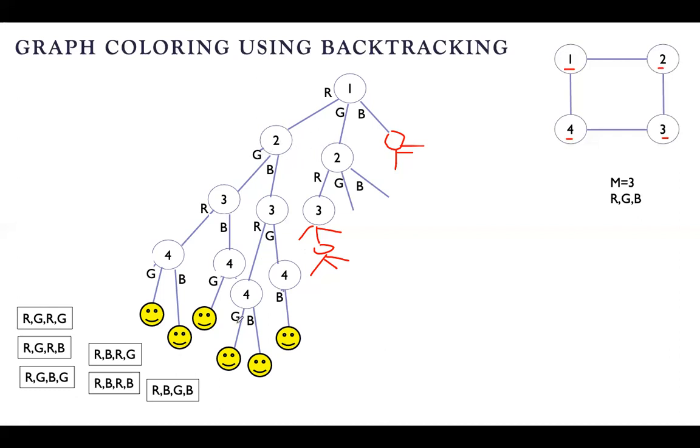So in this way, you'll find how many possible combinations you can assign three colors to this particular graph. Okay. This remaining thing you can complete. It is similar to this one. So this is graph coloring using backtracking technique.